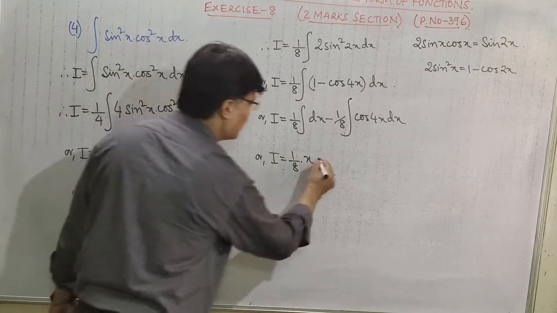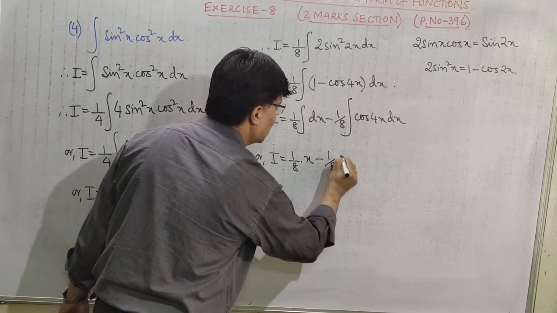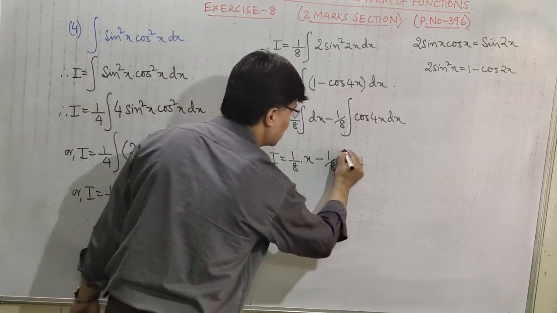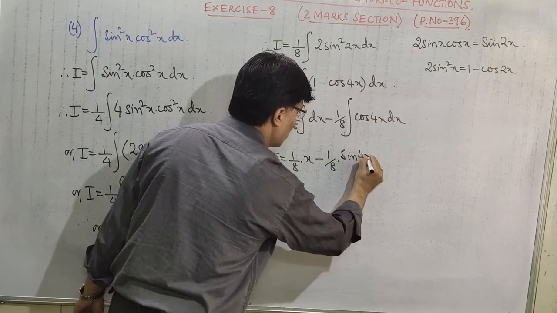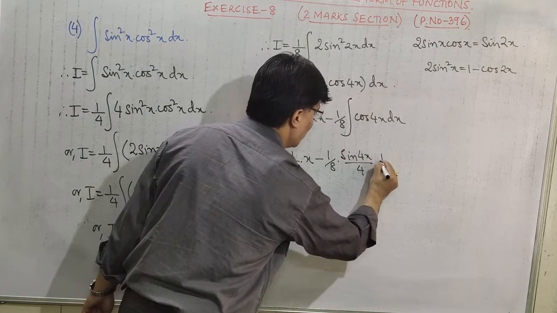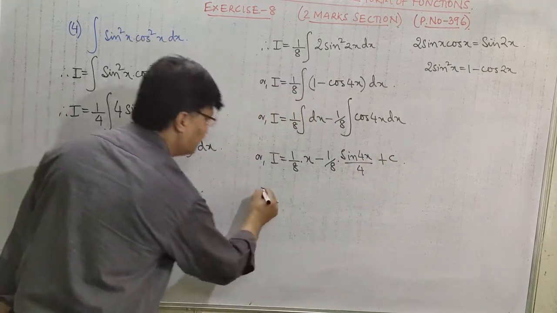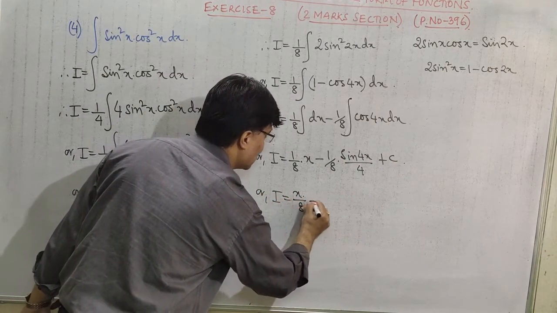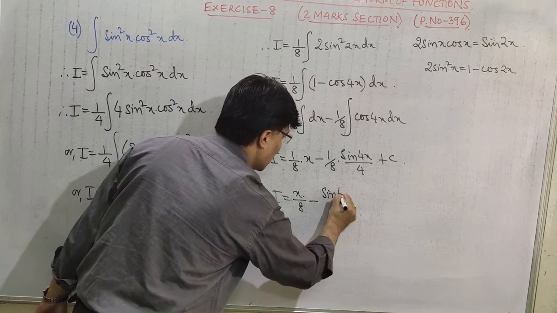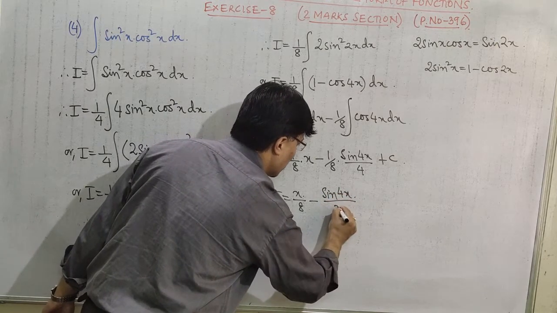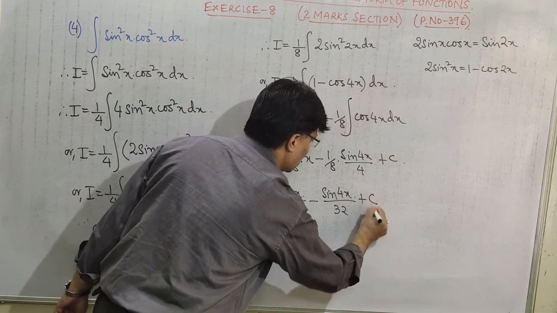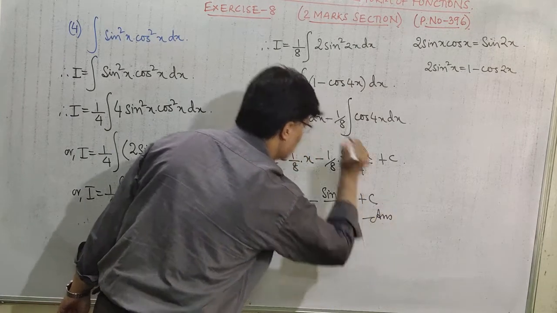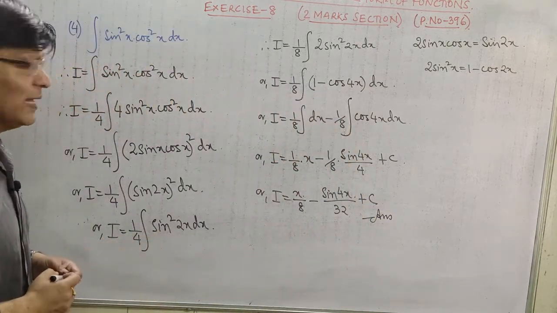That is your x, minus 1/8 into, what is integration of cos 4x? That is your sine 4x divided by 4 plus c. Or I is equal to x upon 8 minus sine 4x divided by 8 fours are 32. Then we write plus c. So this is the final answer.